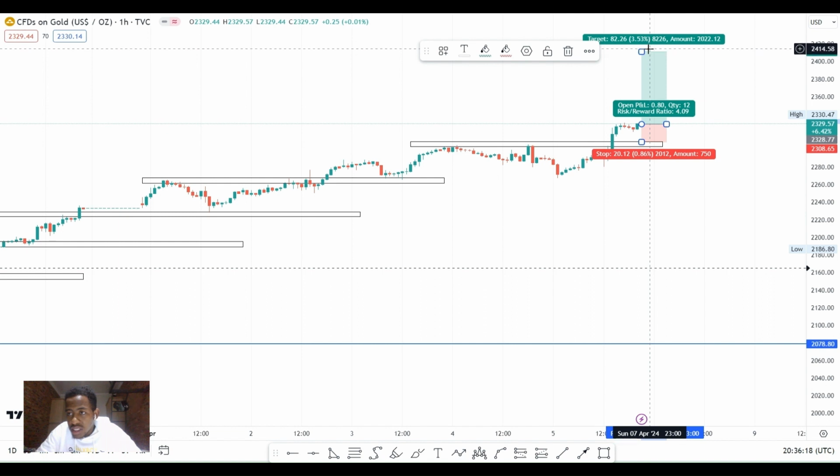To make an example, let's say 24. These are the kind of numbers, pivot levels, where the price usually respects.